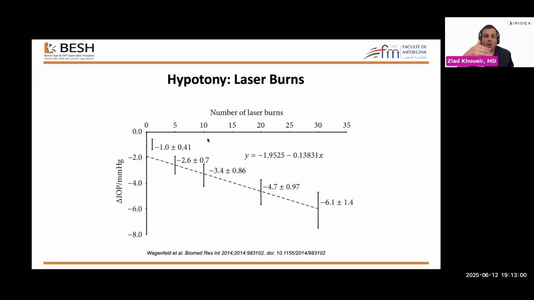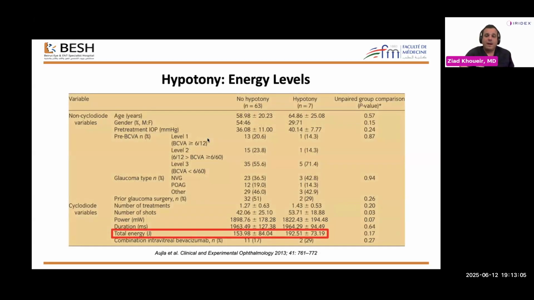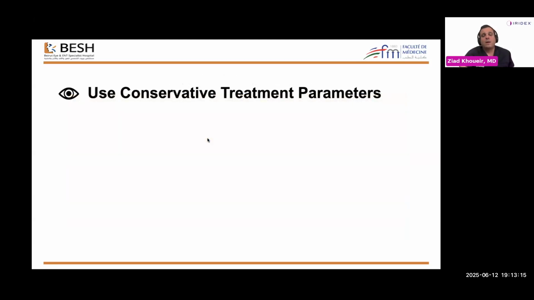It's not only about the number of laser burns, but it's also the total amount of energy that you deliver during a cyclophotocoagulation session. So the first pearl to make your procedure safer and avoid hypotony is to use conservative parameters. So don't go crazy with your settings.